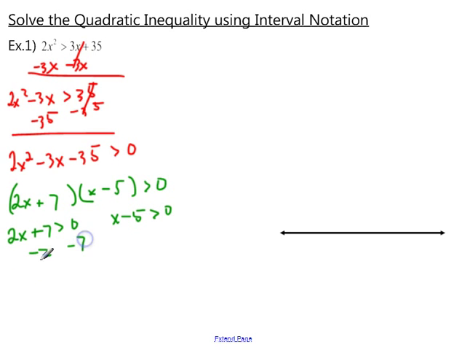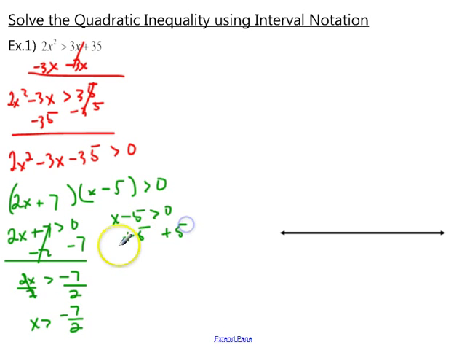Subtract 7 from both sides, and we get 2x is greater than negative 7. Divide by 2, and we get x is greater than negative 7 over 2. For this one, add 5 to both sides, and then we get x is greater than 5.